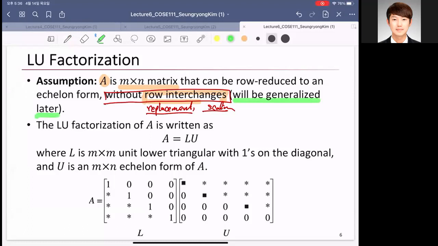Please remember that. And what is the LU factorization?